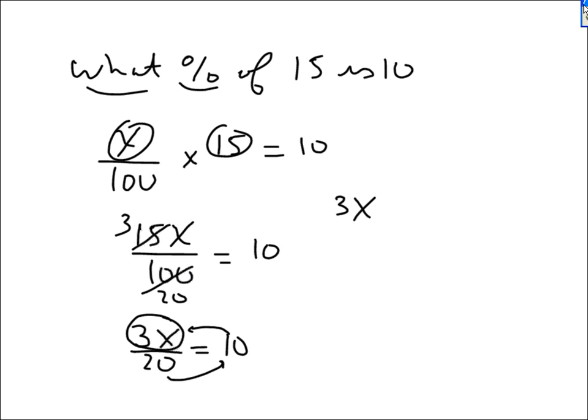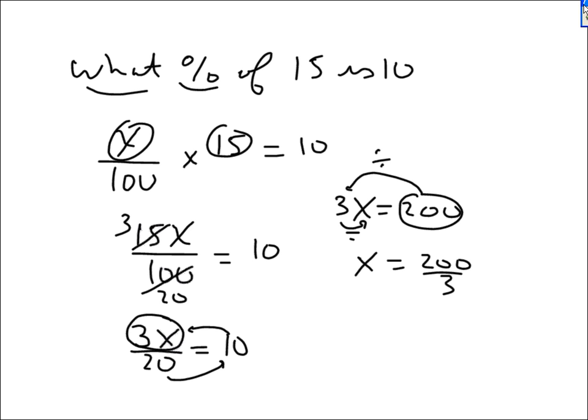That is the top, 3x is 200. What is x equal? This number divided by 3 is x. 200 over 3, which cannot be reduced. And that answers that question. What percent of 15 is 10?